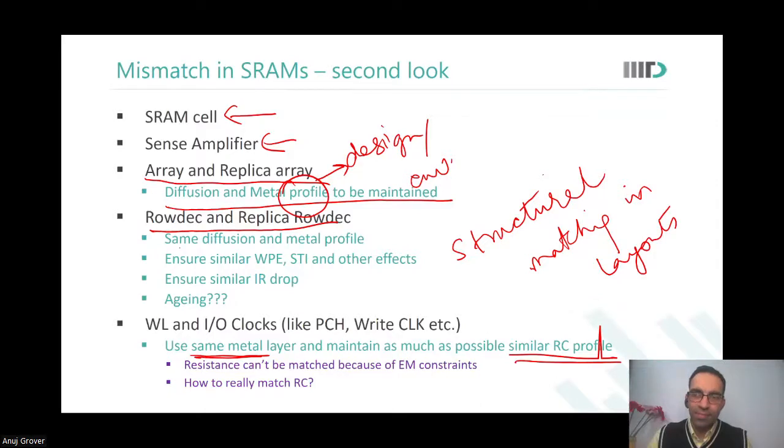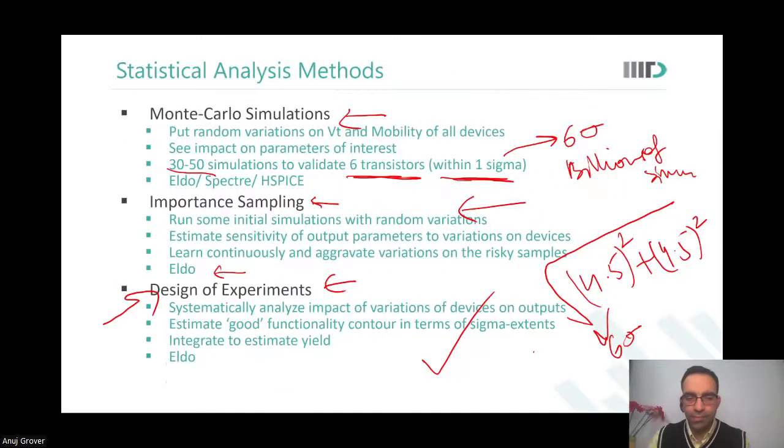In design of experiments, we are basically versioning the gate or device. That means we are hacking into the library and changing the VT. Yes, so Eldo allows you to do that without going into the model file. XSpice and Spectre do not do that yet.